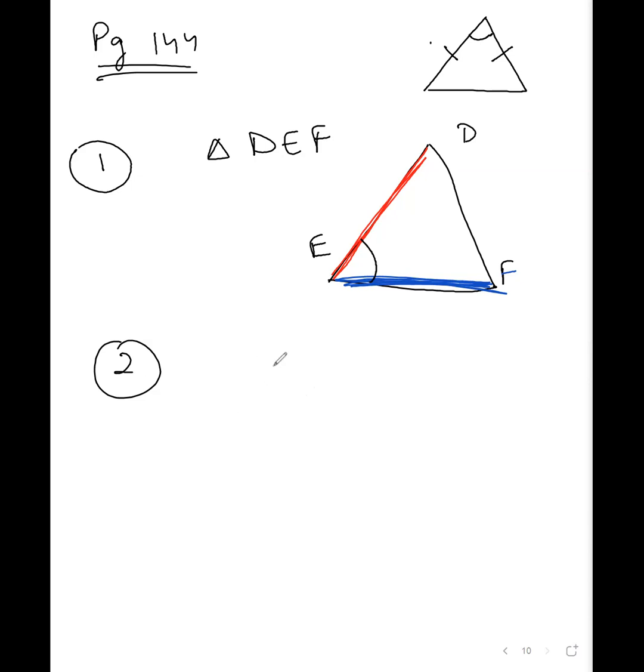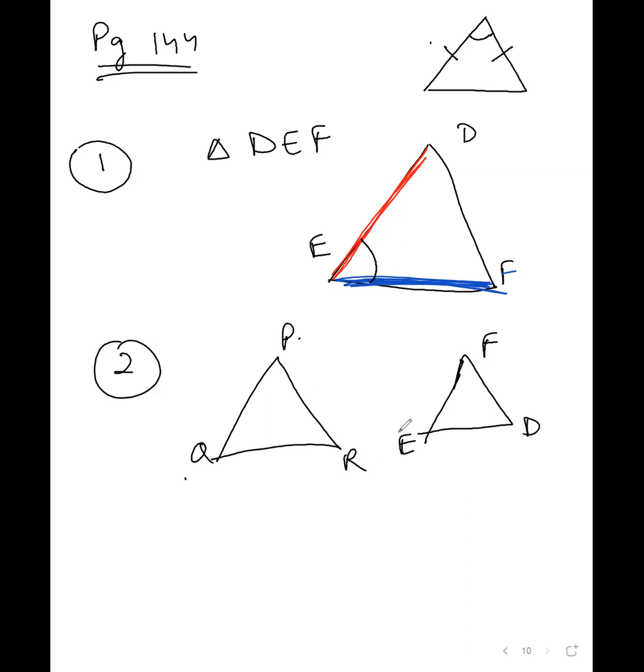They are saying triangle PQR and triangle FED. So this is PQR. Since it is rough, I am not spending too much time in making it look equal or something. Okay, FED. PQR, FED. You have to write it in that order.